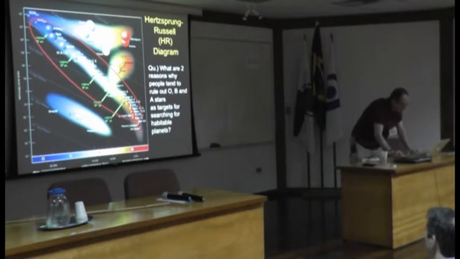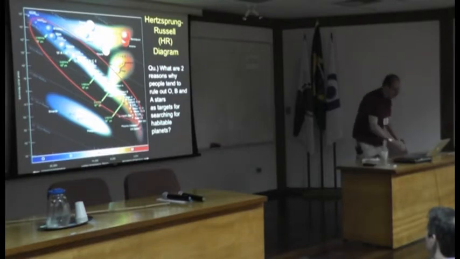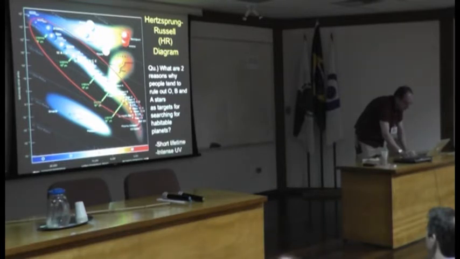And then, secondly, these stars have very intense ultraviolet radiation. There are other issues, so atmospheres are more prone to escape, even if you're in a habitable zone.